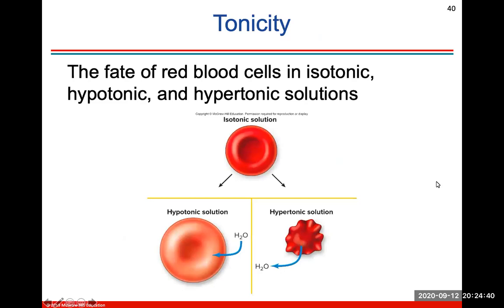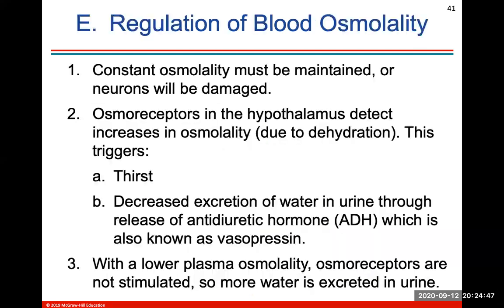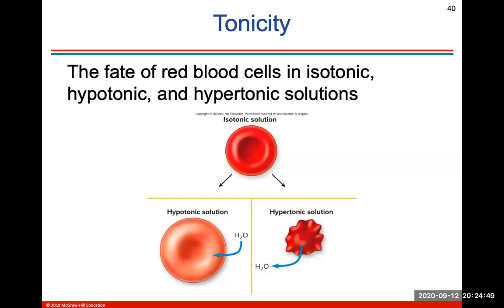So if we look at the fate of red blood cells, if we put them into an isotonic or hypotonic or hypertonic solution, we're just going to talk a little bit of this now. An isotonic solution will be an area around the red blood cell that's an equal concentration to it. So if we put a red blood cell into an isotonic solution, it will retain its shape because it's placed in a solution of the same concentration.